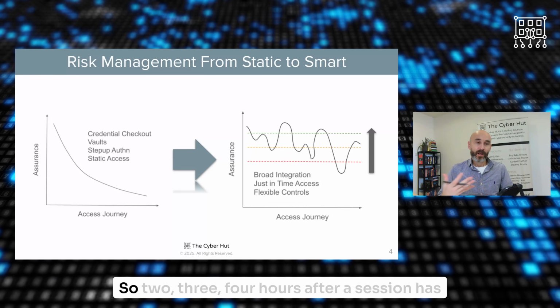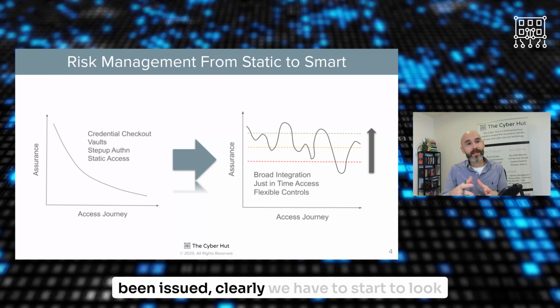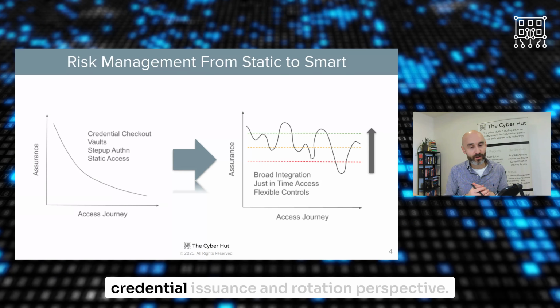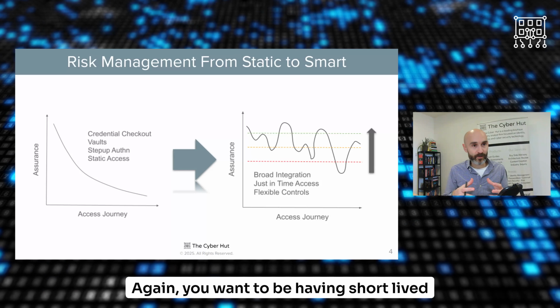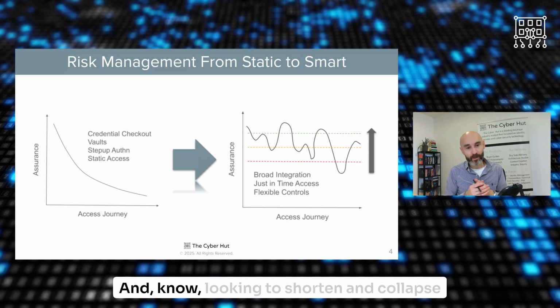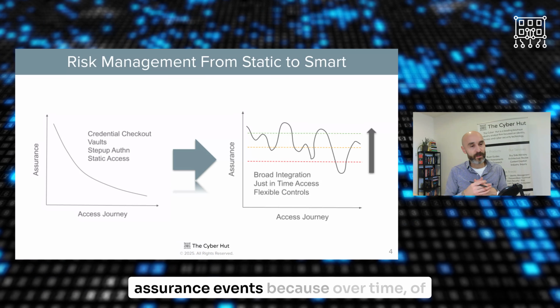So 2, 3, 4 hours after a session has been issued, clearly we have to start to look at things like step-up authentication. If we're looking at privileged credential issuance and rotation, again, you want to be having short-lived relations between a high-risk credential and an identity, and looking to shorten and collapse the gaps between some of those big high assurance events, because over time, of course, the assurance starts to degrade.